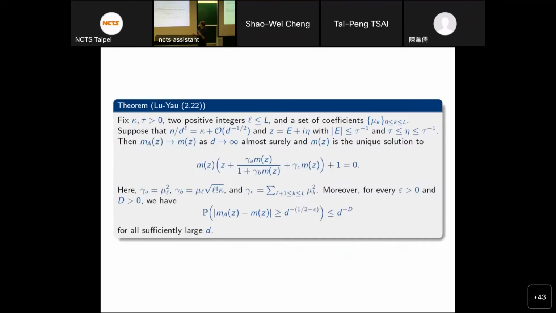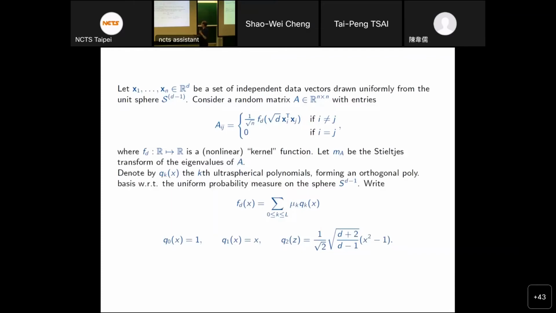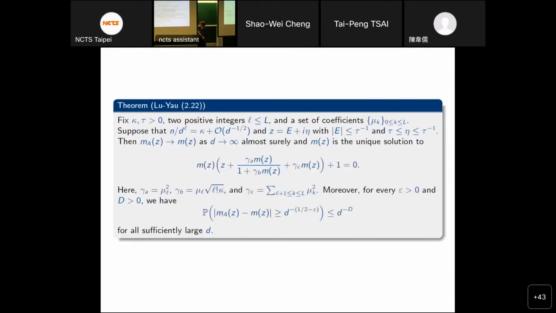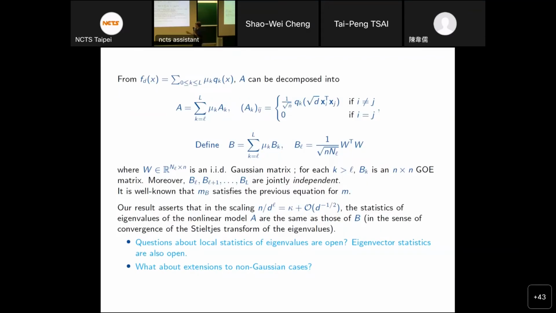So what we are saying is that if you want to understand these models, what you have to do is replace the A L by B L, and everything from K becoming L plus 1, we just replace by Gaussian orthogonal ensembles.